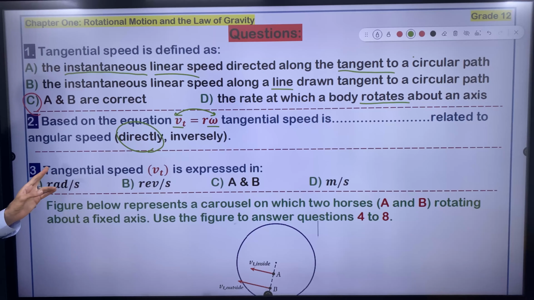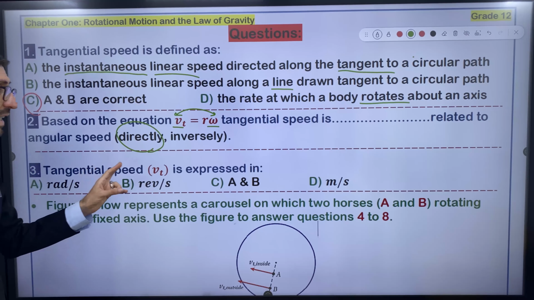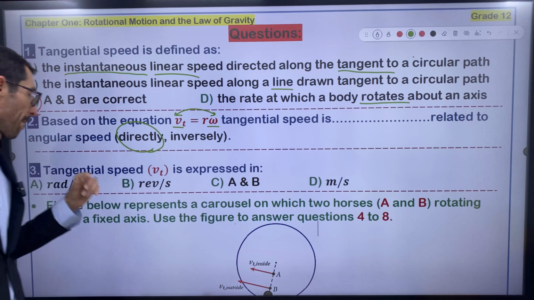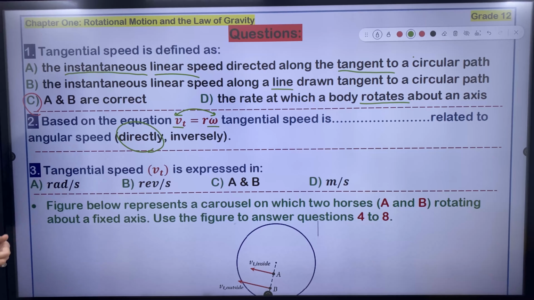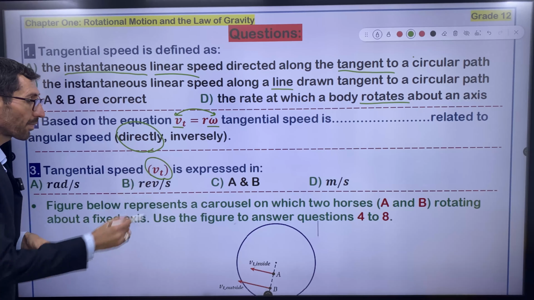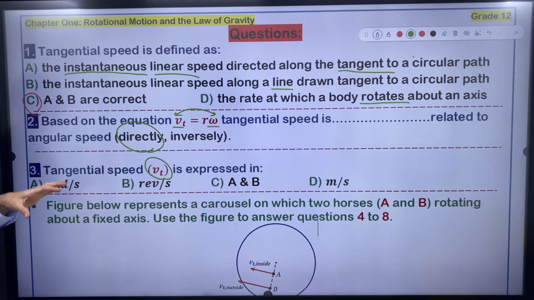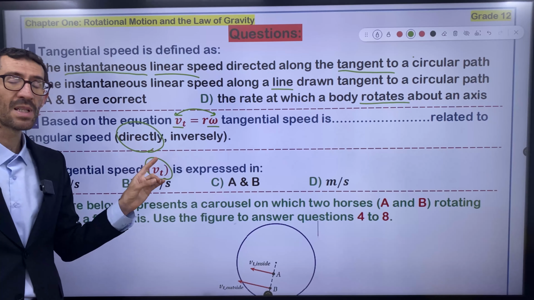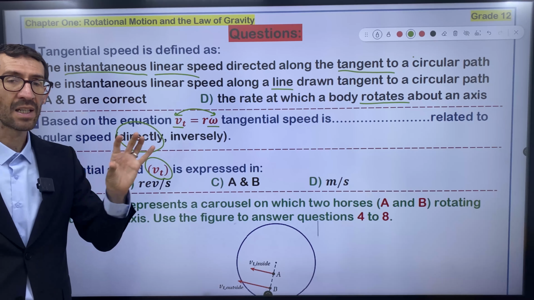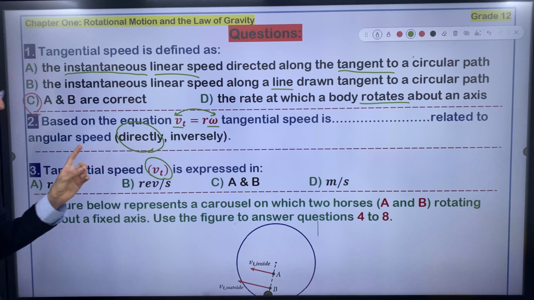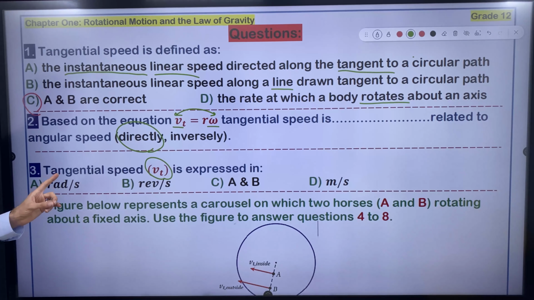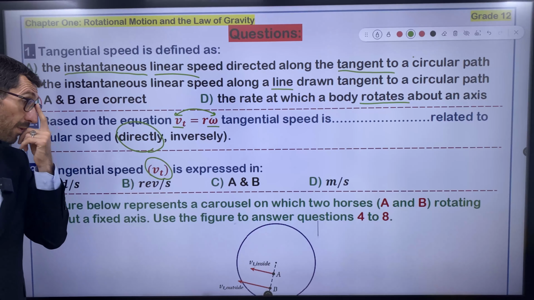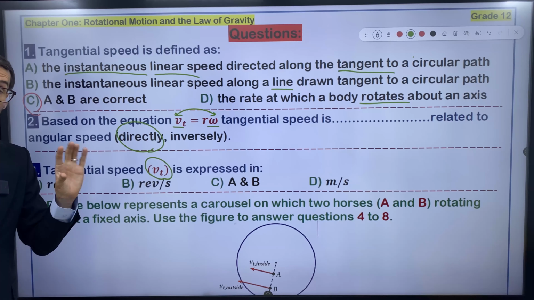Number three, tangential speed Vt is expressed in, because Vt is a linear quantity, right? I told you tangential speed means linear speed in a circular track. That's why it has a unit of linear speed, not angular speed.